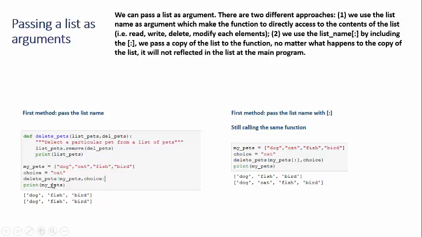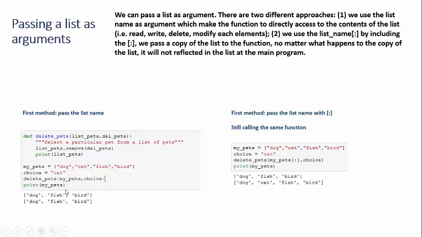And now you may wonder, okay, I passed my pets as the list to the function. Is that going to automatically modify the list in the main program? The answer is yes. Now if you print my pets, which initially had 4, and now you're not sure whether it's 4 or 5, 4 or 3, you'll find out it is 3.